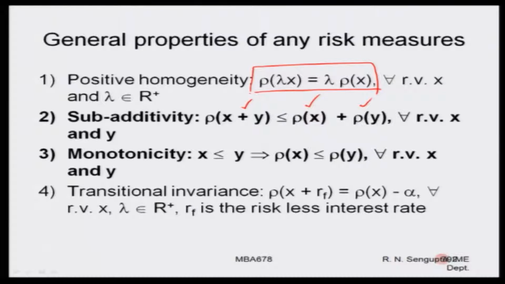Adding the risk values of two different assets should give you the collective risk of the portfolio, where the portfolio consists of those exact two assets in the same proportion.